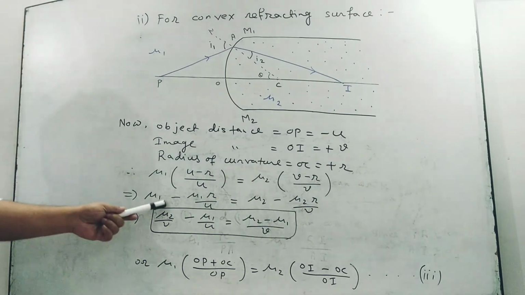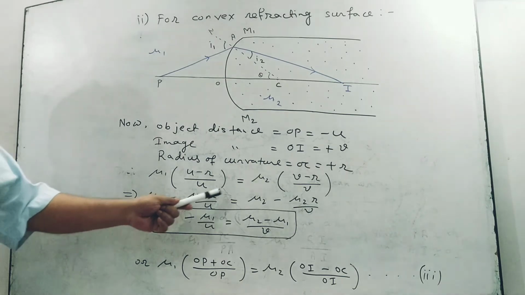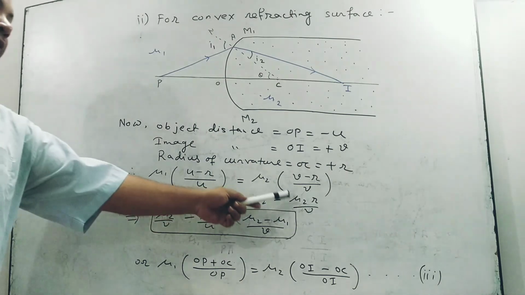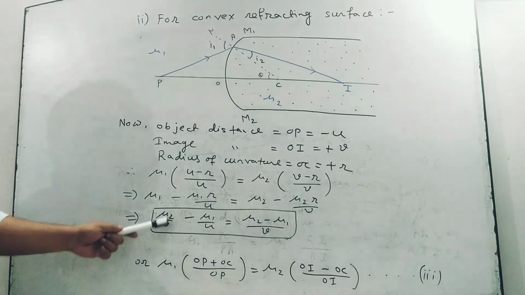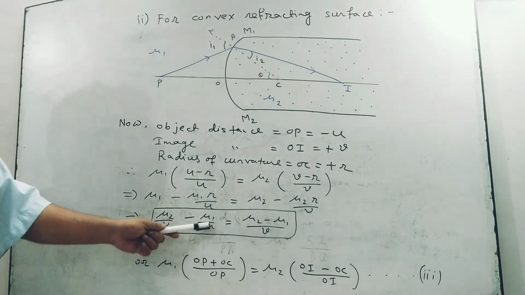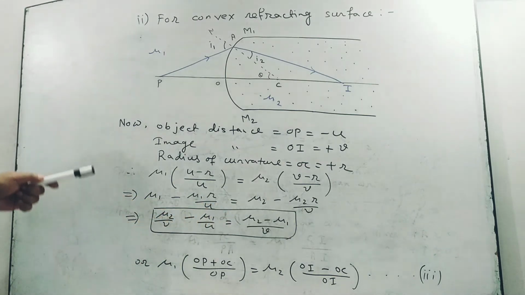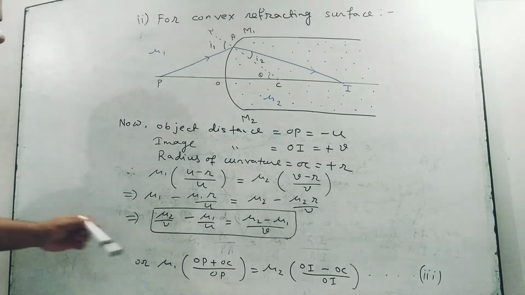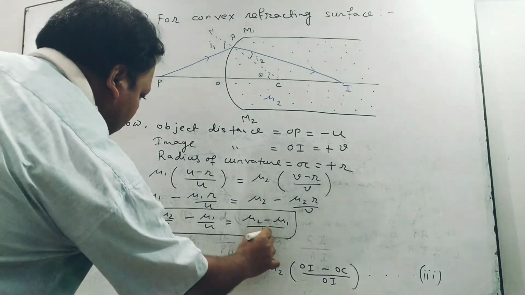This gives mu1 minus mu1 R by u is equal to mu2 minus mu2 R by v. This gives mu2 by v minus mu1 by u is equal to (mu2 minus mu1) by R. This is the relation among u, v and R.